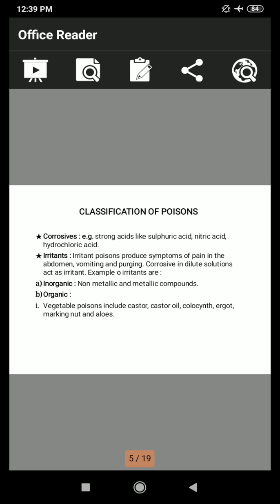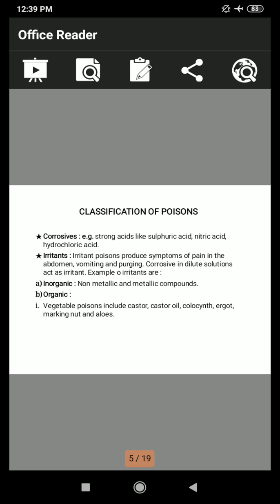Organic poisons are divided into two types. First, vegetable poisons include castor oil, colocynth, ergot, marking nut, and alkaloids. Second, animal poisons consist of cantharides, snake venoms, scorpion venom, and poisonous insects.